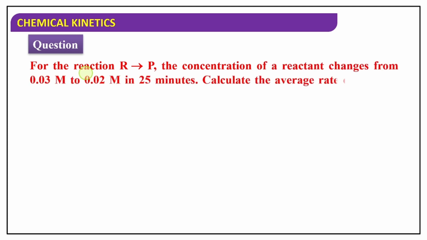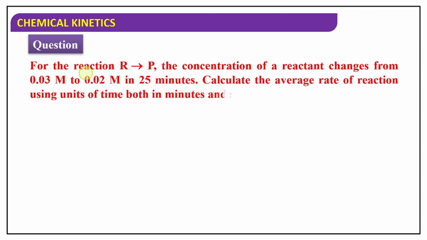For the reaction R converting into P, the concentration of the reactant changes from 0.03 molarity to 0.02 molarity in 25 minutes. Calculate the average rate of the reaction using the unit of time both in minutes and seconds.